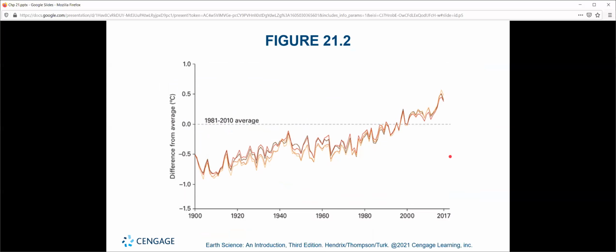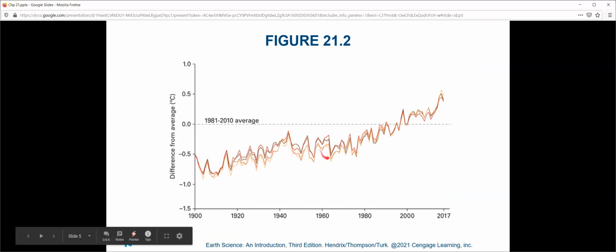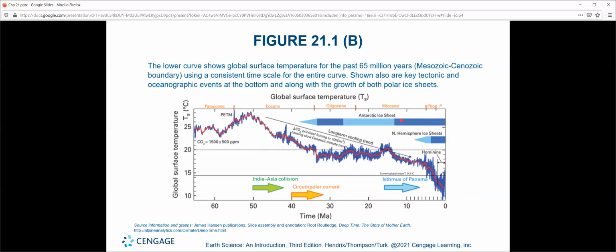Here, a more recent chart showing average temperature changes in the very, very recent past. Here we have your average temperature from 1981 to 2010, right here. And then we can see a gradual but systematic climb up, as opposed to the climb down that we've been having as a result of ice sheet formation and various tectonic activities.